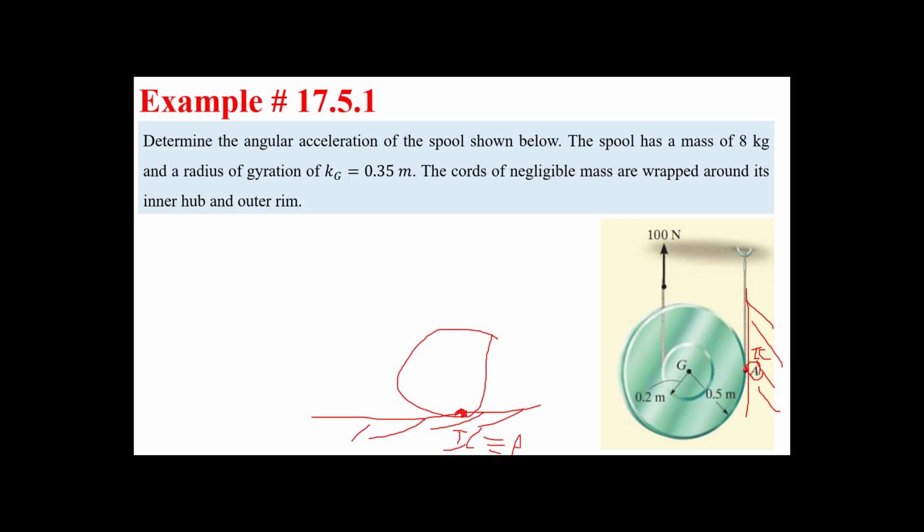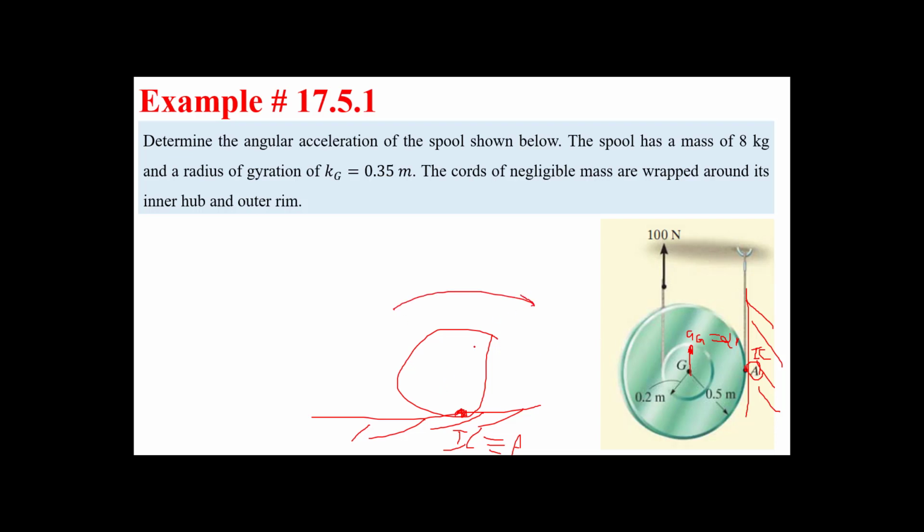Okay, so this point has zero velocity, it is the instantaneous center of zero velocity. Once it rotates without slipping, the acceleration of this point equals alpha multiplied by r. Here the same.